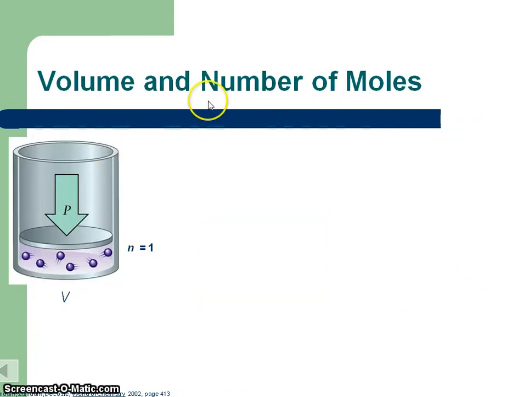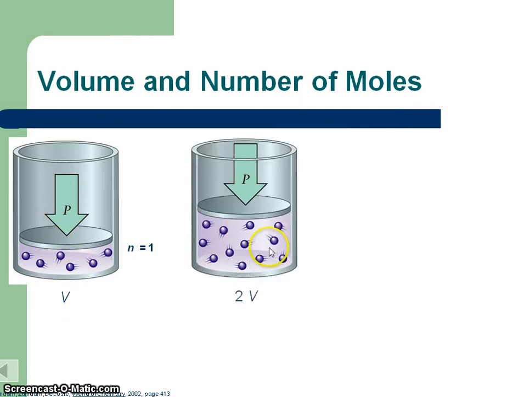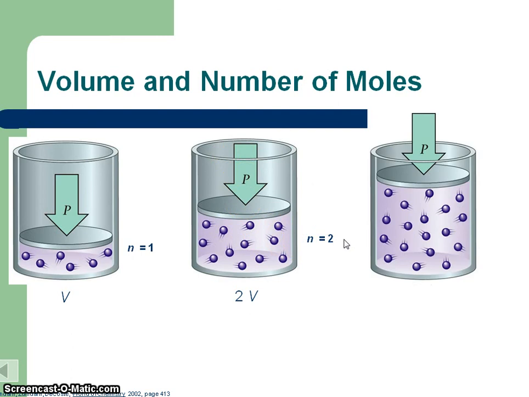Here's another one. Volume and number of moles. Certain number of pressure, volume, moles 1. If I increase the volume and keep the same pressure, I increase the number of moles. And if I triple the volume, then I've got to triple the number of moles to get the pressure the same. Okay?